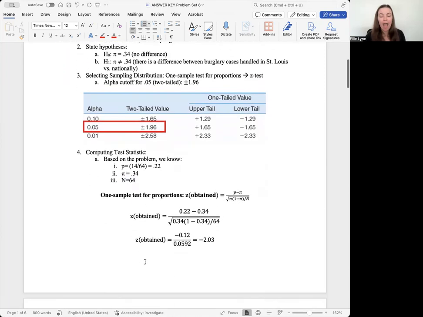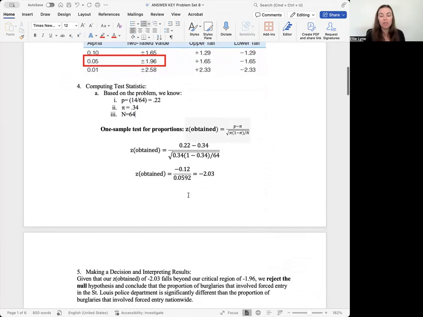As a reminder, our base formula for a one sample test for proportions is listed right here. You'll see that we have all of the information we need. It's only 3 pieces: our P symbol, the proportion for our sample, our population parameter for our proportion, and our N, our sample size. This is me simply working through each of those steps.